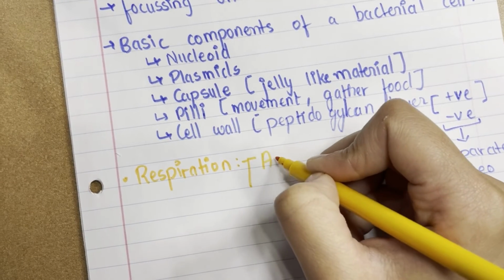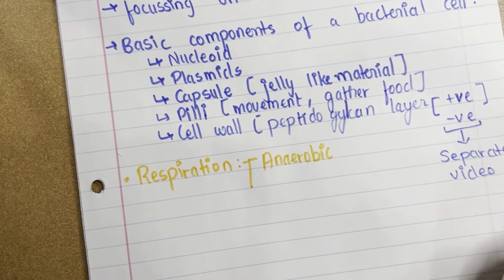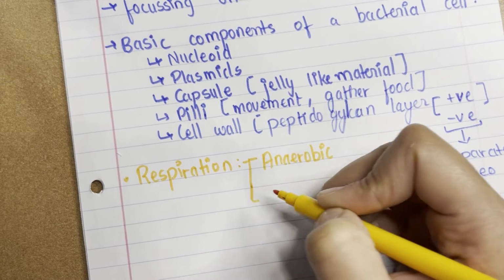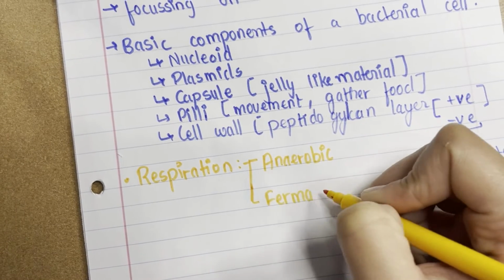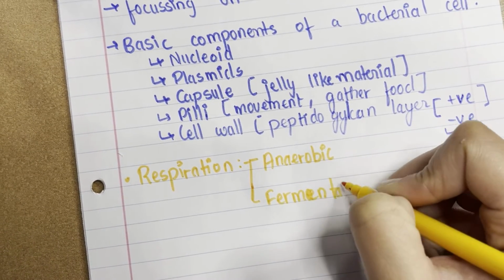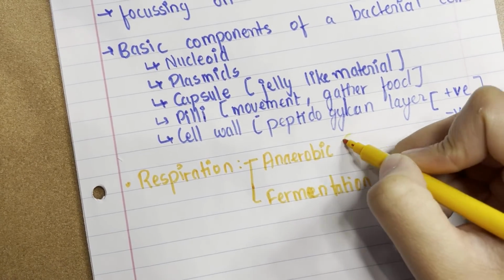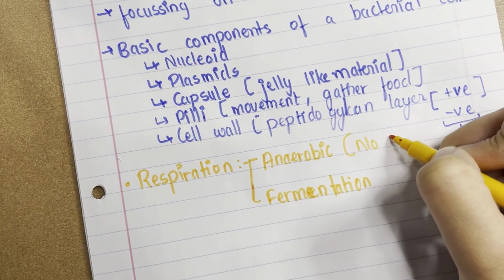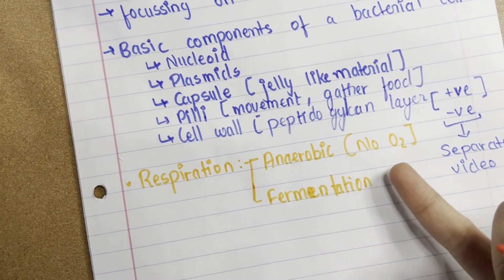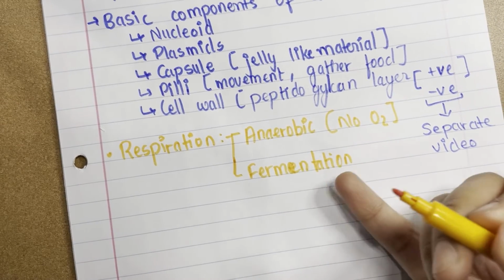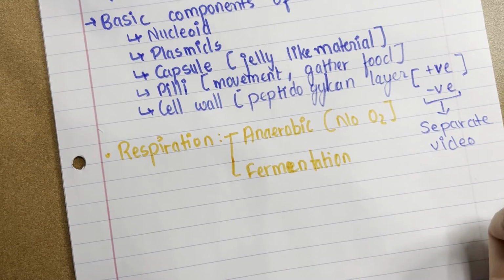One is the anaerobic, or they respire as fermentation. As the name suggests, anaerobic means no oxygen. And fermentation, we're going to be focusing on fermentation for now because it is more complicated than anaerobic respiration.